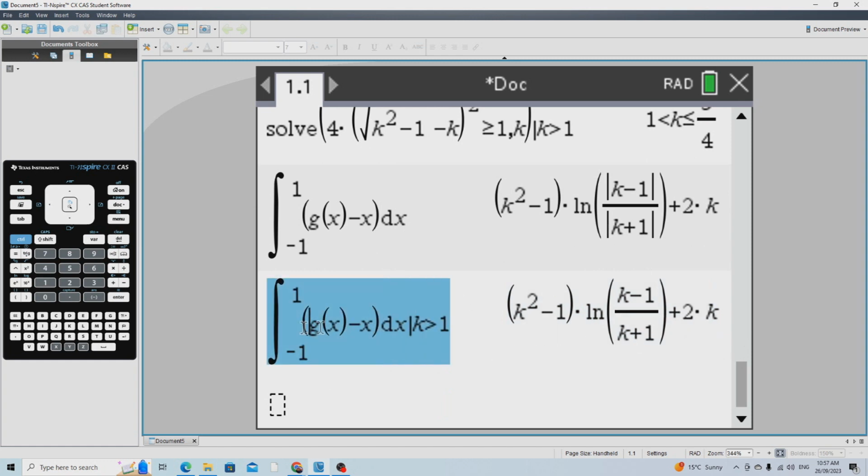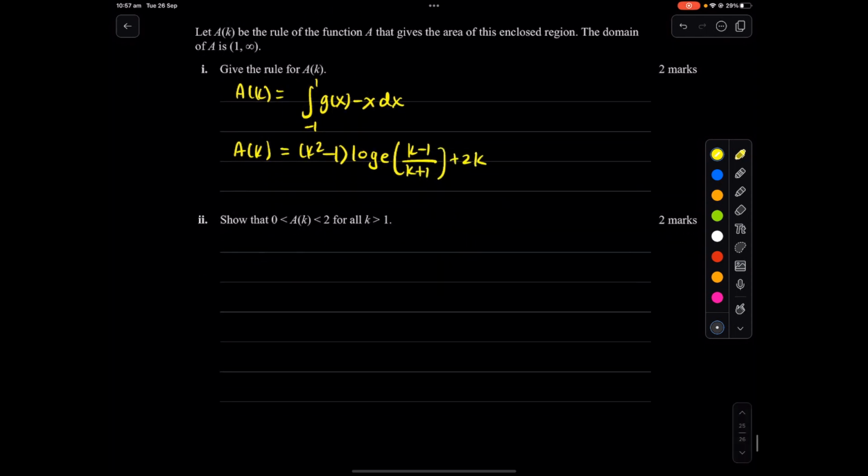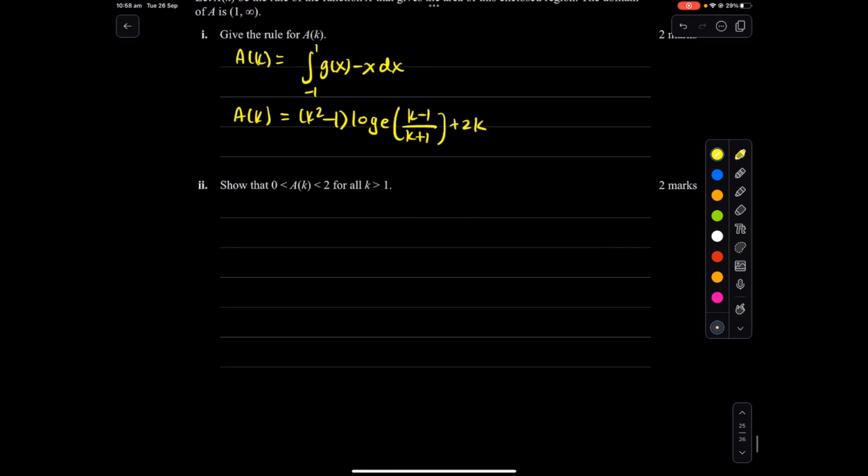We always have to specify that k is greater than 1. So a of k is k squared minus 1 times log e of (k minus 1) over (k plus 1), plus 2k. So show that the area is between 0 and root 2 for all values of k greater than 1.